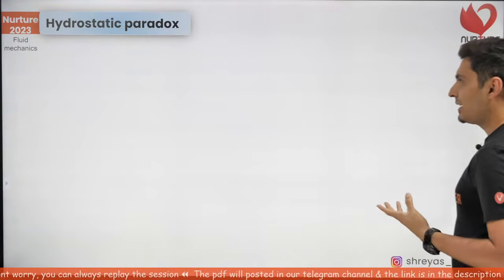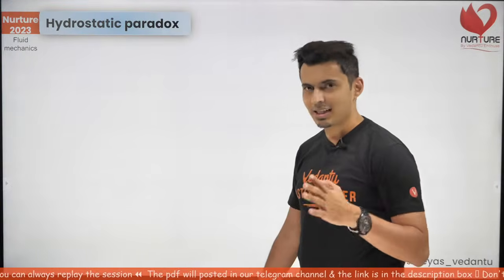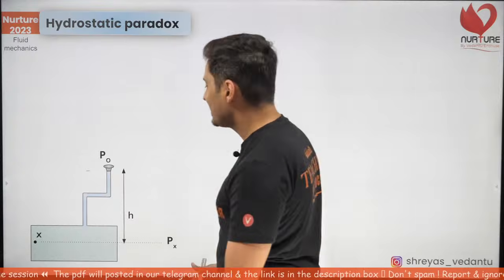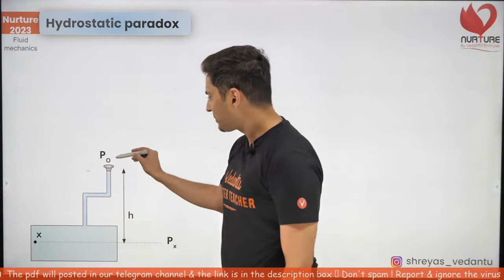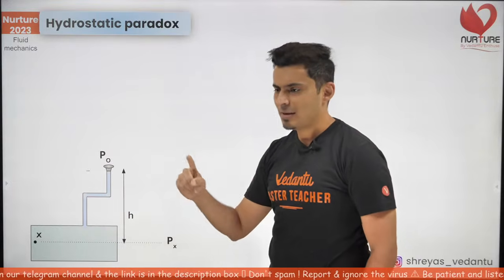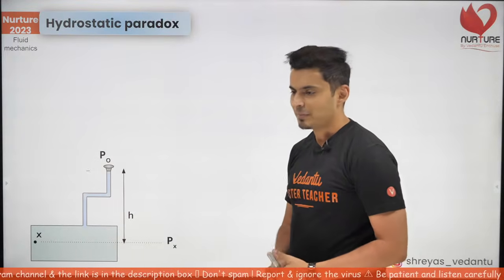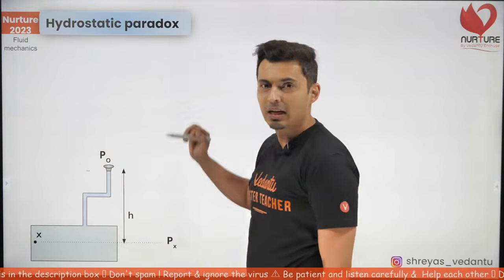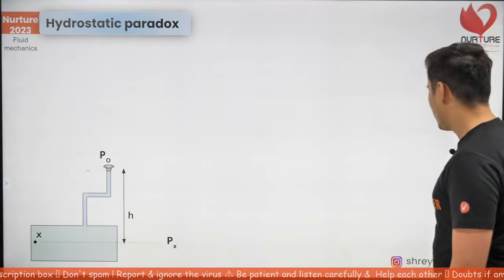Alright, now this hydrostatic paradox. Very interesting thing. Now, let me give you a brief about this. Just imagine a situation where there is a pipe which is bent in a certain manner. The part which is exposed to the atmosphere has atmospheric pressure P0.